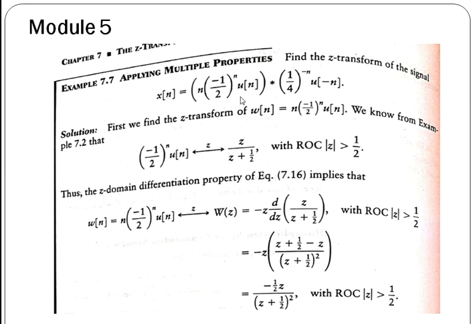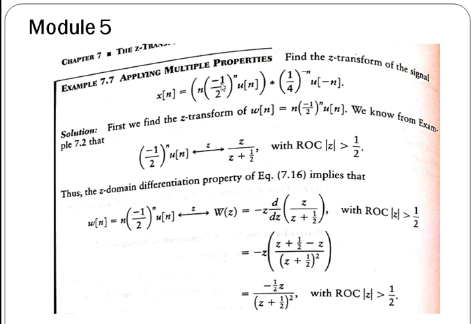We should know that (minus half) raised to n u of n is one signal, which we can consider as x1 of n, and n into x1 of n means, by using the differentiation property, that n into x of n is equal to minus z d by dz of x of z, we need to find. And even this one, by using the time reversal property, we have to solve. So let's see how this happens.